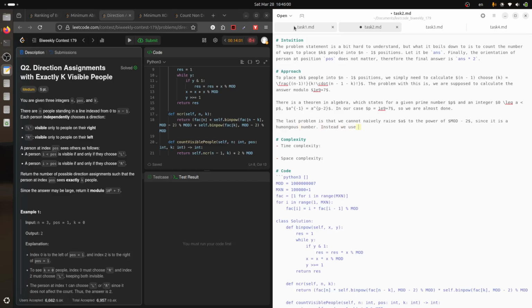Instead we use binary exponentiation, which does it in log of mod minus 2. So the answer is just log, basically.